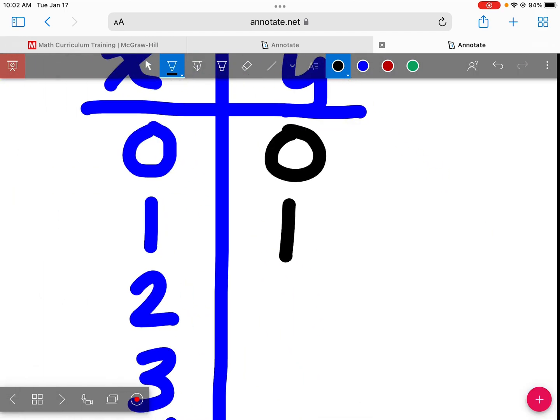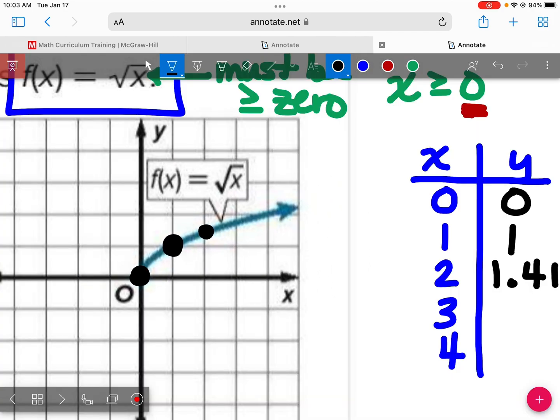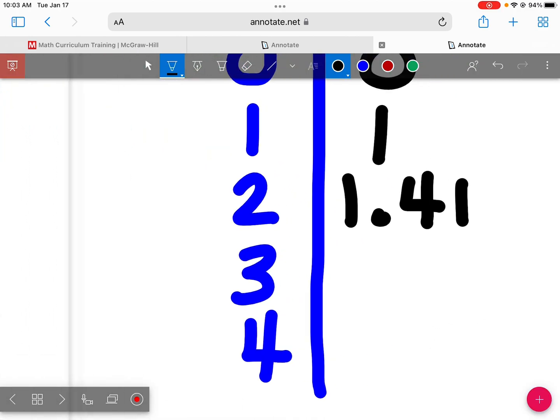1.41. 1.4 is pretty close to 1.5, right? So when I come over here to my graph, 1 and almost halfway. So 1 and a little bit more. What about square root of 3?